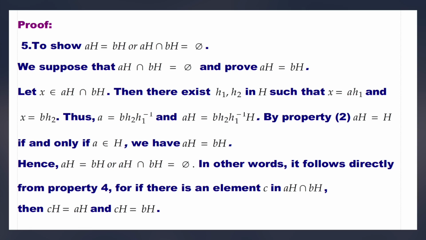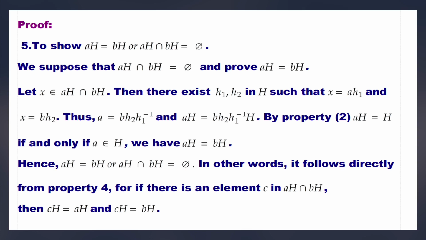By property 2, aH = H if and only if a ∈ H, we have aH = bH. Hence, aH = bH or aH ∩ bH = ∅. In other words, it follows directly from property 4.